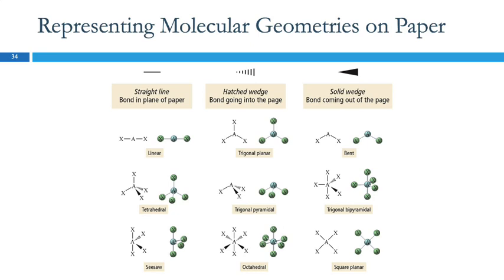Drawing these things on paper can get kind of tricky. The tetrahedron is the one that is most common, and that's going to carry over into OChem.